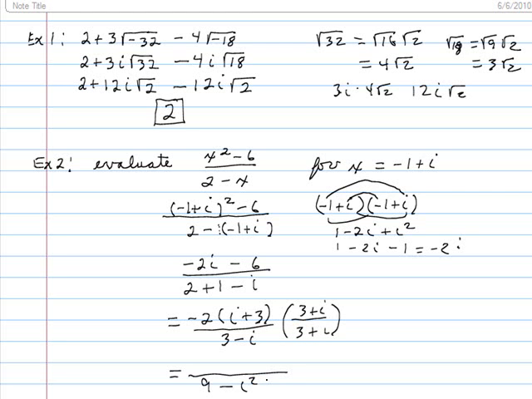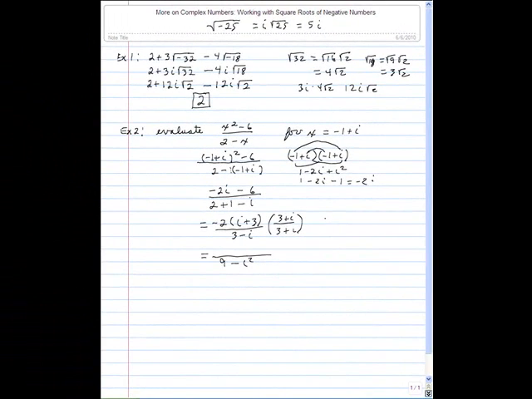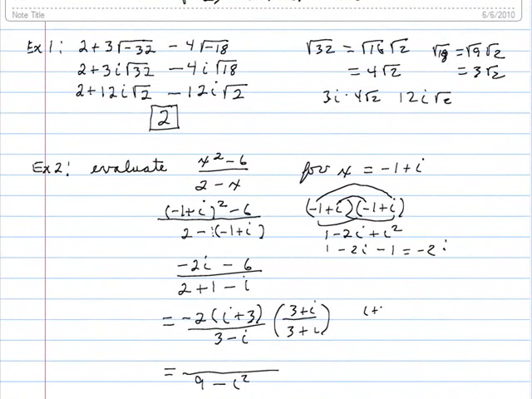Now let's take a look at the top. On the top, I've got negative 2 times i plus 3 times i plus 3. Again, 3 plus i and i plus 3 are the same thing. Now if I multiply i plus 3 times another i plus 3, I get i squared for my first term, plus 6i for my center term, because that's plus 3i plus 3i, and then plus 9 for my last term.